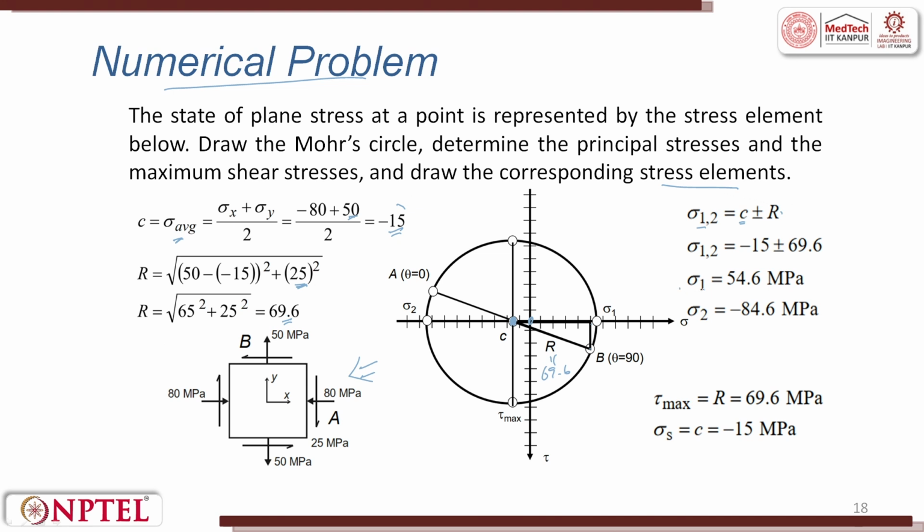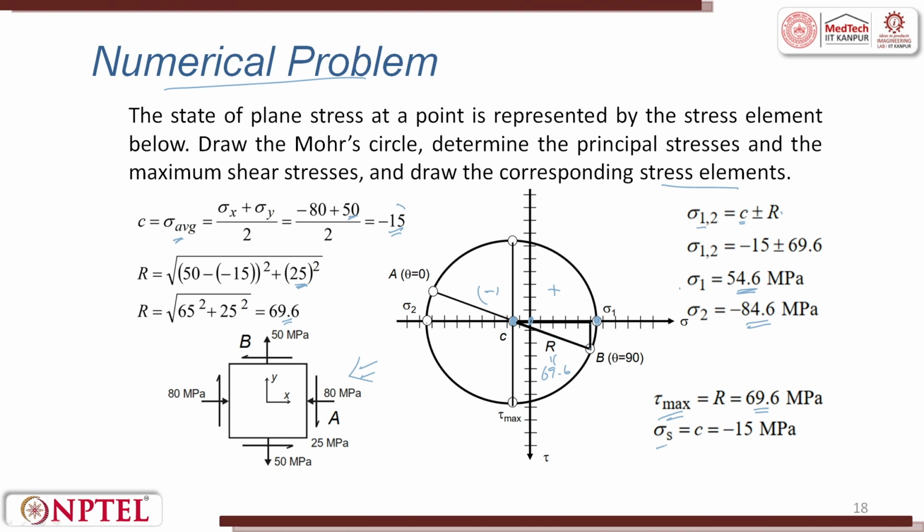So, sigma 1 will be 54.6 and sigma 2 will be minus. So, this side is minus, this is positive, so it will be minus 84.6. What is tau max? Tau max is nothing but equal to R, which is 69.6.